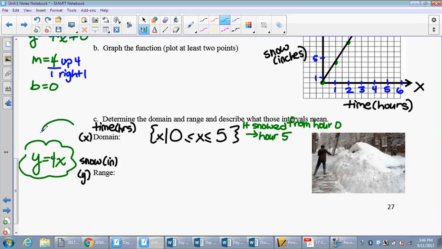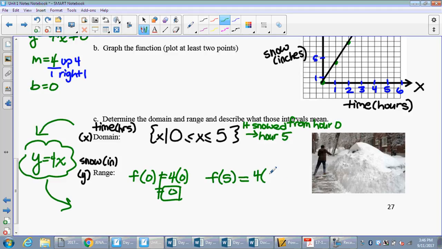So I'm going to take the domain values and plug them in to find the range. So we need to do f of 0 and f of 5. This is a super tiny equation, so it's awesome. We're going to do 4 times 0 for f of 0, and we get 0. And then f of 5 would be 4 times 5, and we get 20.